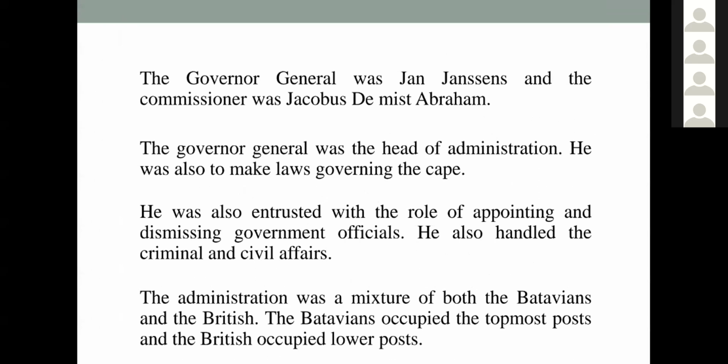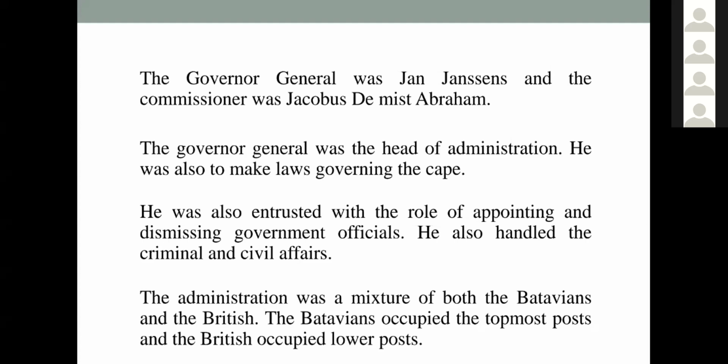The governor general was the head of administration. If you are to describe the nature, you arrange those leaders in order from the top to the bottom, and there must be chronology.